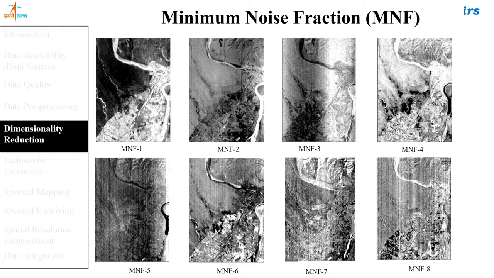It shifts to neighboring pixels and calculates the noise amount. Those noise amounts will be segregated, and then in the noise reduced data, PCA is performed to get uncorrelated components, which will follow the similar trend: first is informative, then second, third, fourth, and so on.